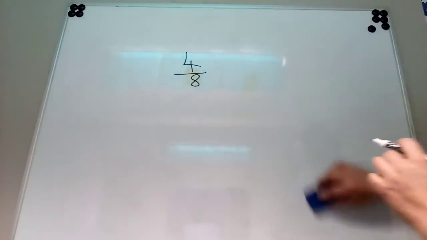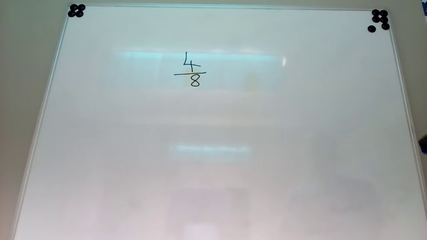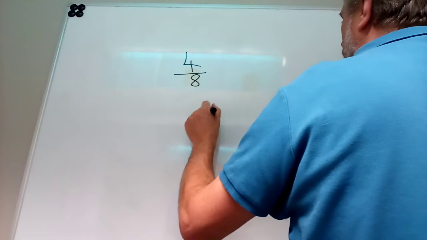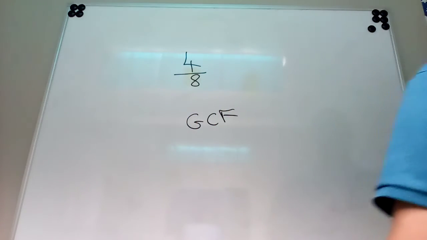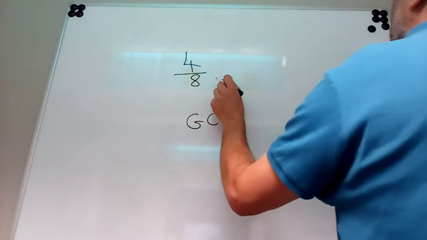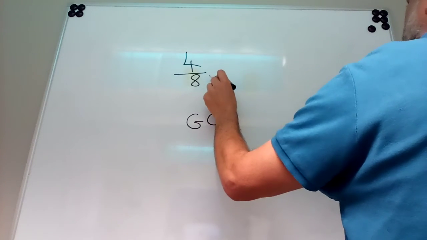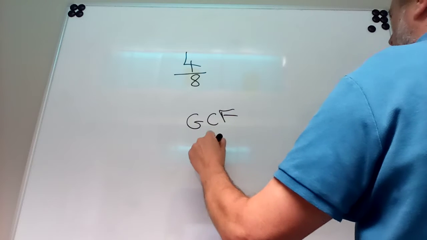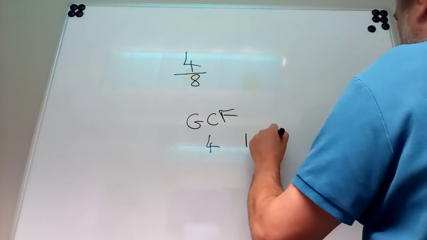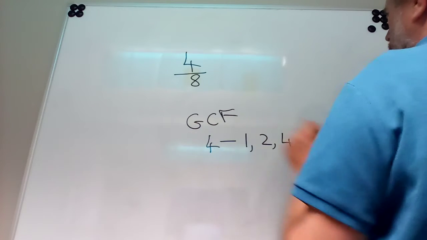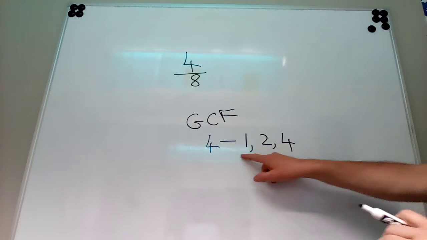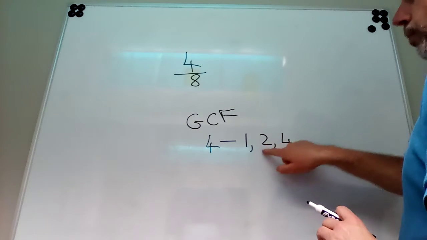The easiest way to reduce a fraction is to find your greatest common factor. We talked about that in the last video. So the greatest common factor between 4 and 8: well, 4 would be 1, 2, and 4. That's your factors of 4. Hopefully you've done enough practice with factoring now you can start to recognize that. 1 times 4 is 4, 2 times 2 is 4.